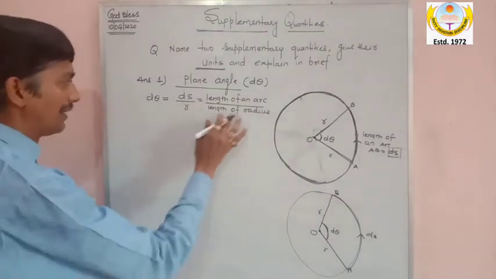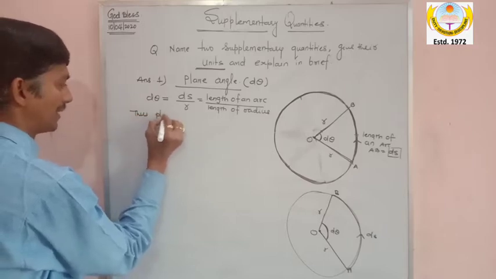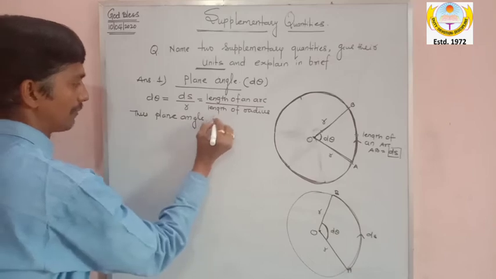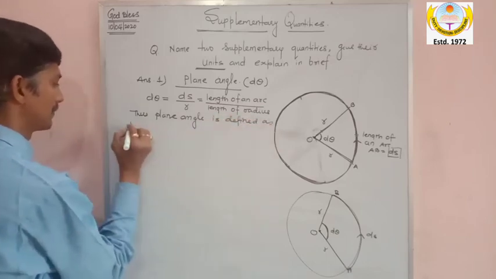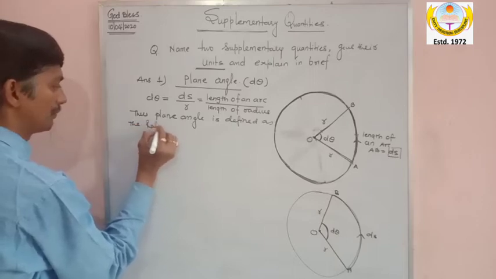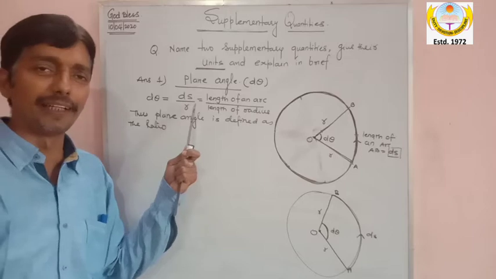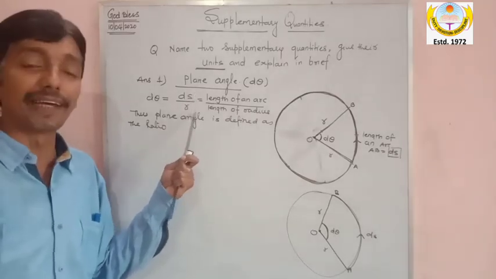Okay, so while writing this, plane angle is defined as the ratio of, because whenever we write numerator and denominator, my dear, we are comparing the arc with the radius, right?